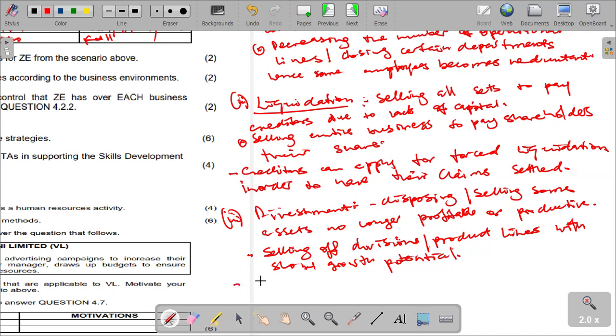We can talk about withdrawing investment shares in another business.